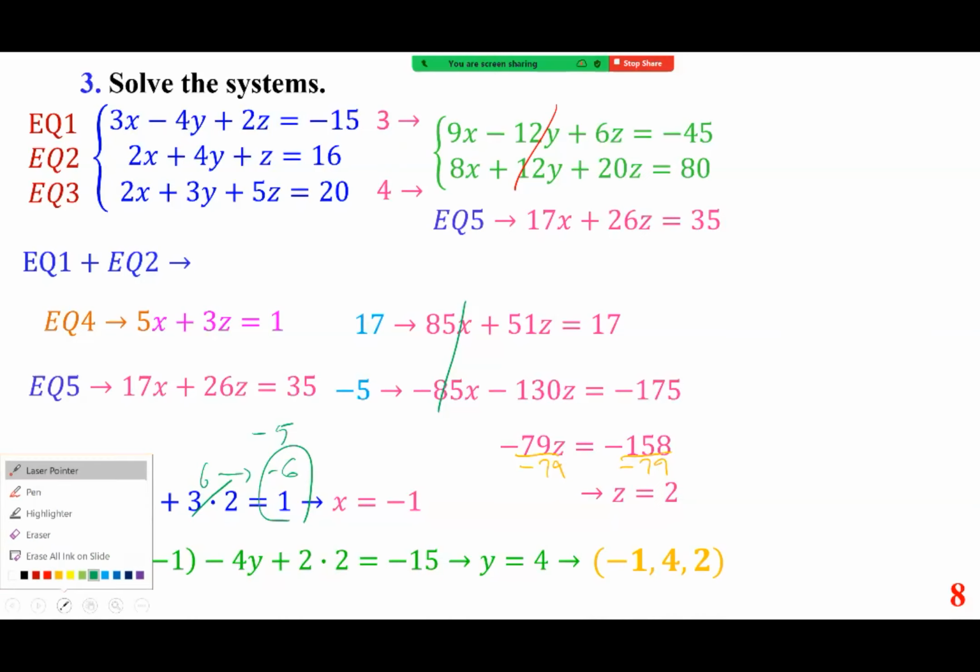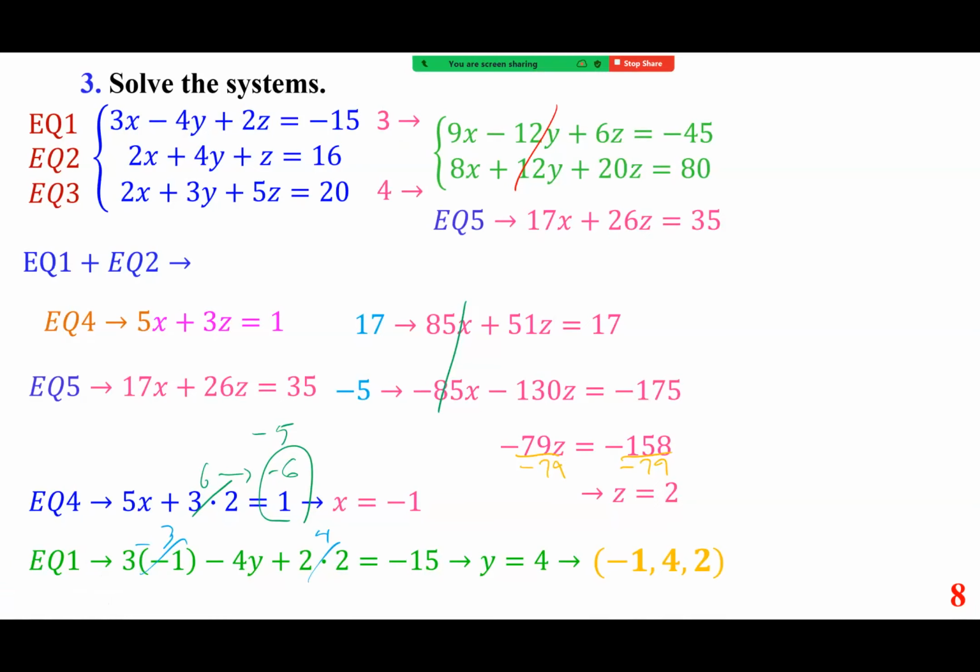So I'm assuming everybody can see that this is negative 3, this is 4, and they combine to positive 1, goes to the other side, becomes negative. There you have it. Now, what is important now is checking. Look at this one. This was equation 1. Now you must check with equation 2 and 3, and it doesn't take long before you can check whether you made a mistake or not.